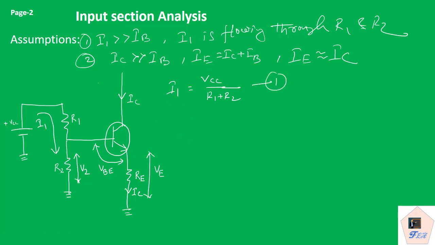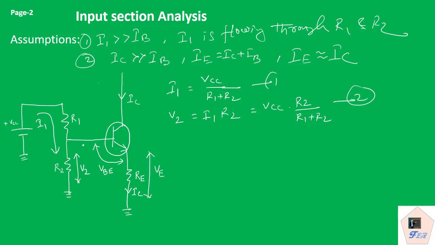Now if we consider V2 as the drop across R2, then V2 is equal to I1 into R2. That gives us VCC into R2 divided by R1 plus R2. So this is equation number 2.